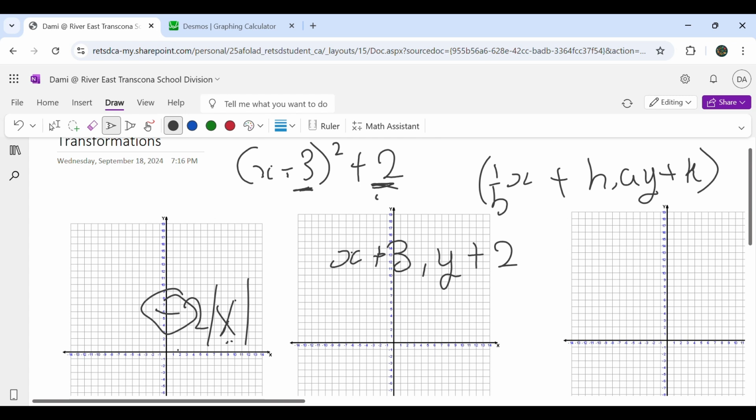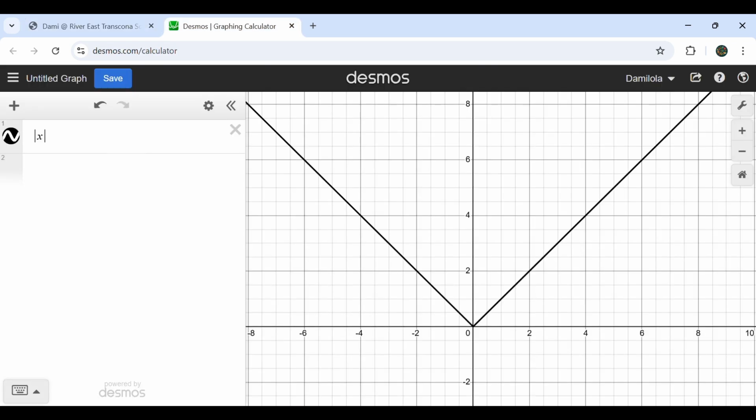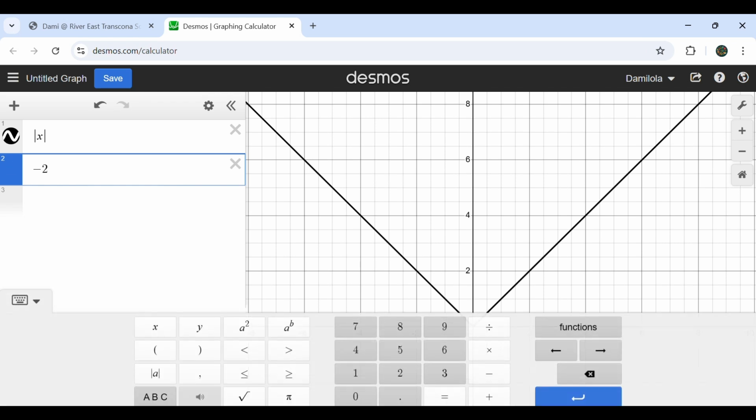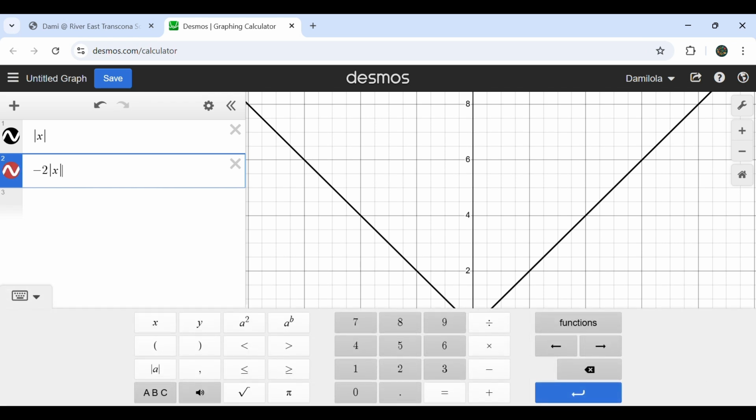And when the negative is over here at this side and not in the bars, we know it's the y. It's relating to the y, and the y side is reflecting over the x-axis. So if we write it like this, it will be (x, negative 2y). So it's going to stretch by a factor of 2. I'll show you an example over here.